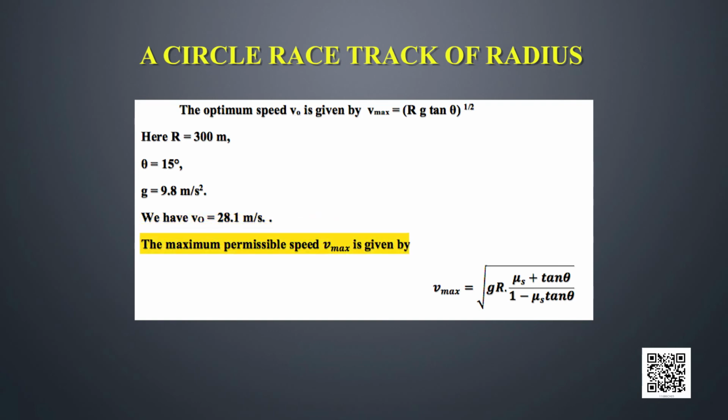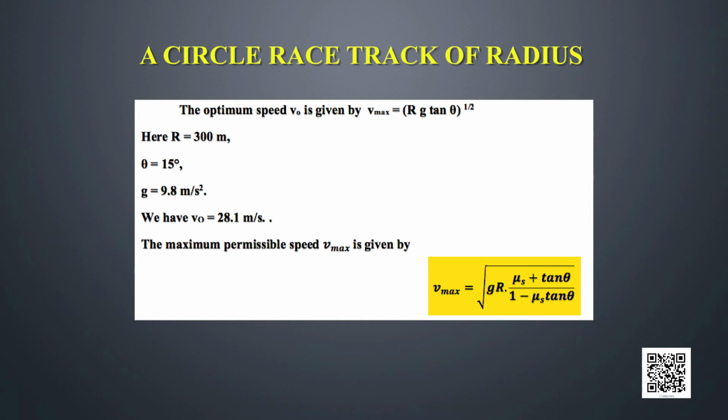If the frictional force is also included, then the maximum permissible speed v maximum is given by the relation v maximum equal to square root of g into r times mu s plus tangent theta over 1 minus mu s tangent theta, where mu s is the coefficient of static friction.